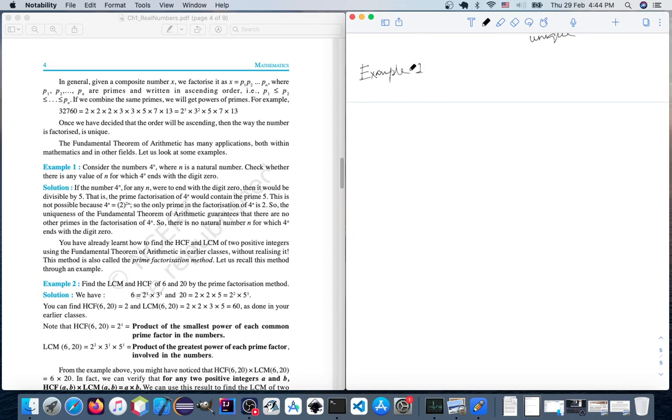Example 1, what it says is: consider the number 4 to the power n, where n is a natural number. Check whether there is any value of n for which 4 to the power n ends with the digit 0.